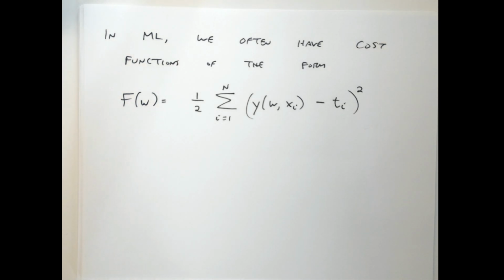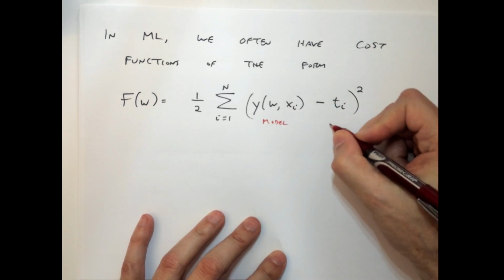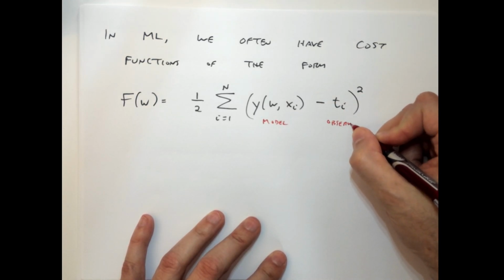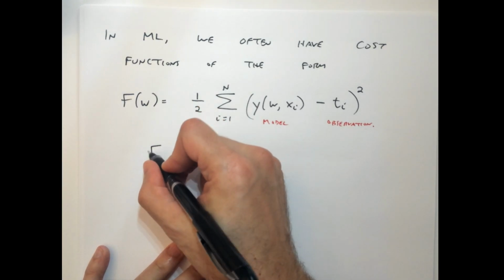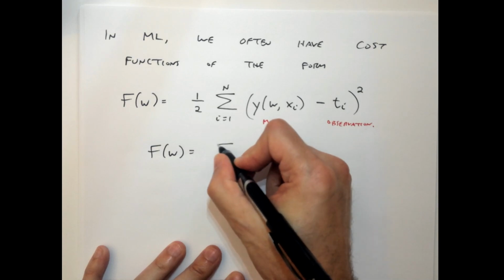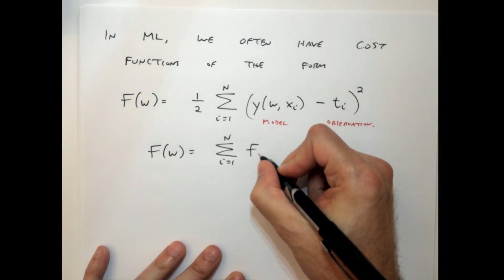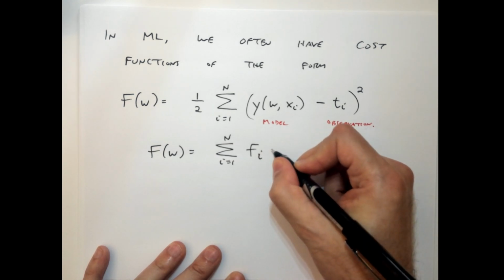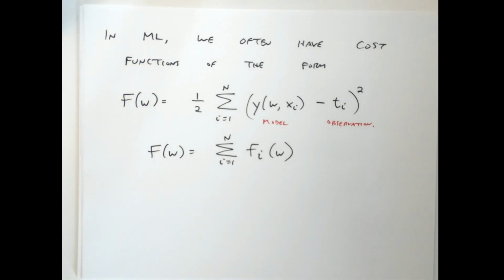So basically over I samples, I'm trying to minimize the difference between my model and my observation, right? The key thing here is that my cost function is made up of basically the same cost function applied to point I, okay? Sum of errors per training sample.